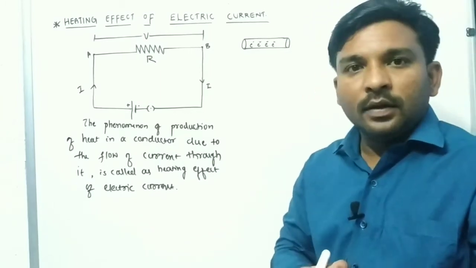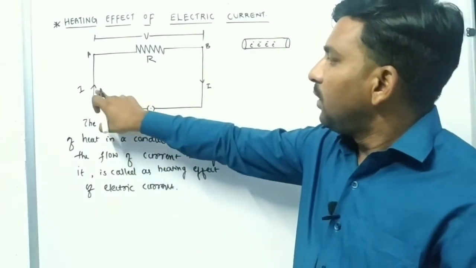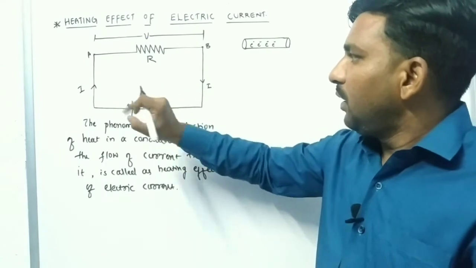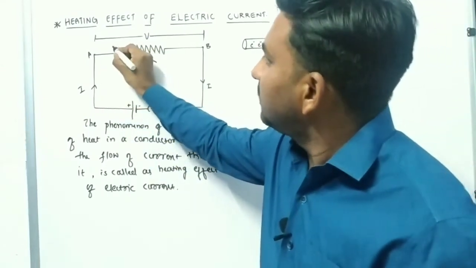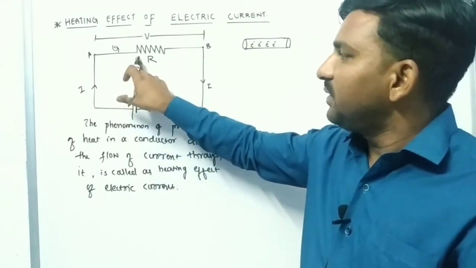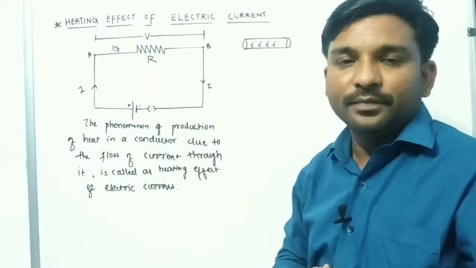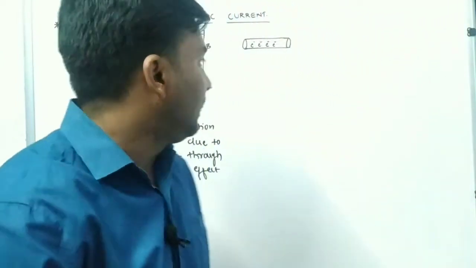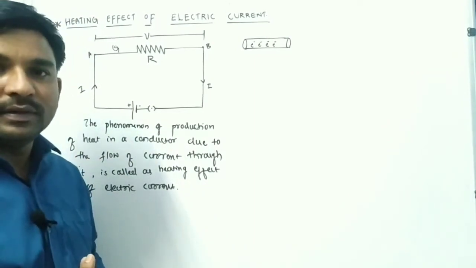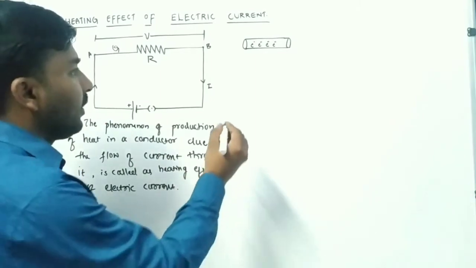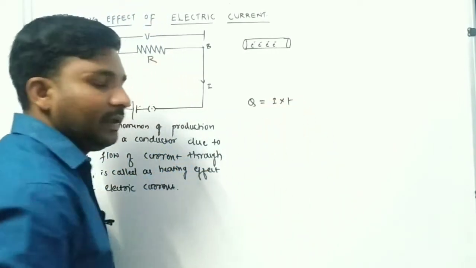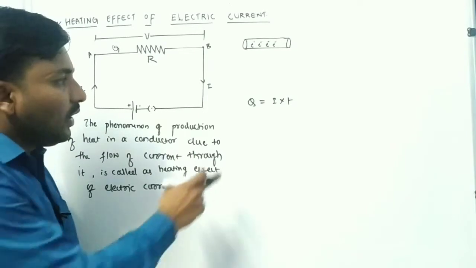Now, you see here, when the current I is flowing through this conductor, can I say that Q charges are flowing in the conductor? How many charges are flowing? That is Q charges are flowing. You know that whatever the amount of charge flowing in a conductor can be written as Q is equal to I into T. So how have I written it here?